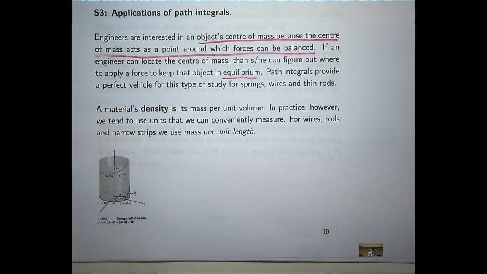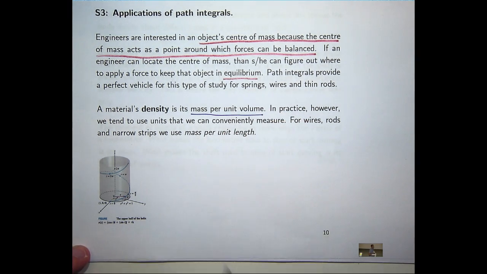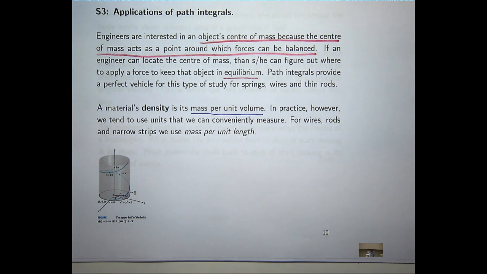Strictly speaking, when we talk about density of a material, it's the mass per unit volume. But if we're working with thin wires or thin curves, we can't really measure that.